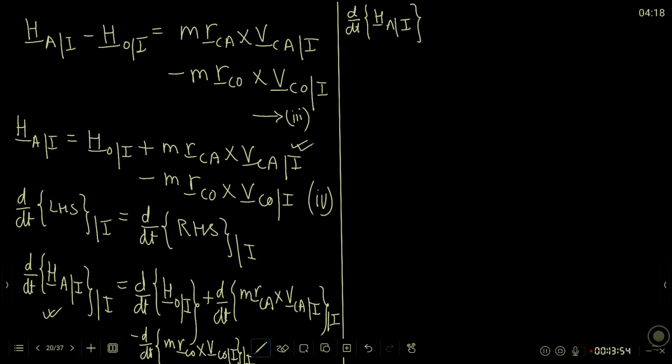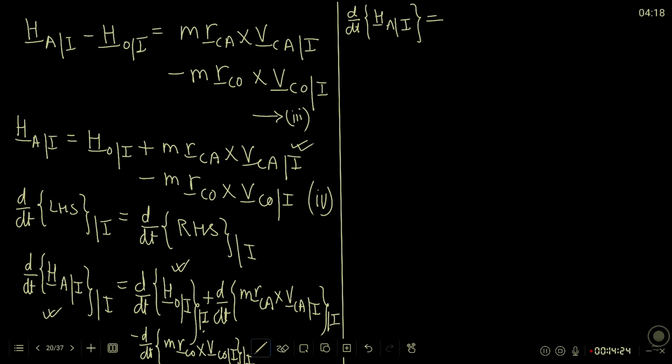Now this term, rate of change of... it's important to put this with respect to I. If I am not writing that, I am making a mistake. This with respect to I should be appearing in each and every term, because everywhere I have a vector, and rate of change of a vector depends on the frame. I must specify the frame.